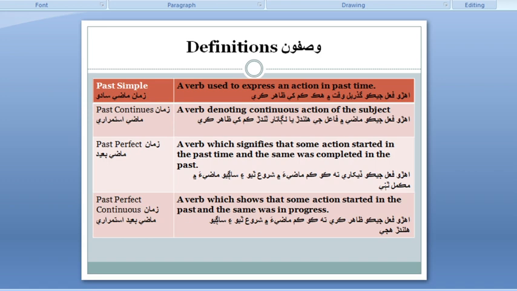So try to understand when these actions take place, what forms of the verb we need to use, what will be the structure of the sentence in each tense, before practice.